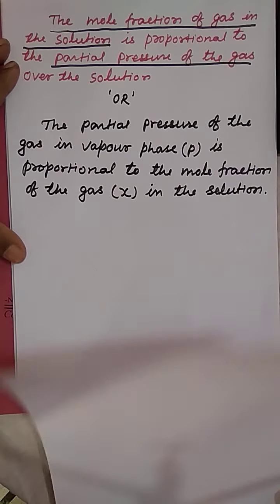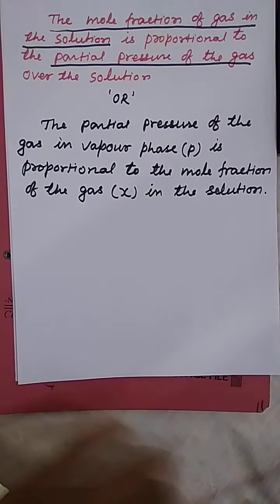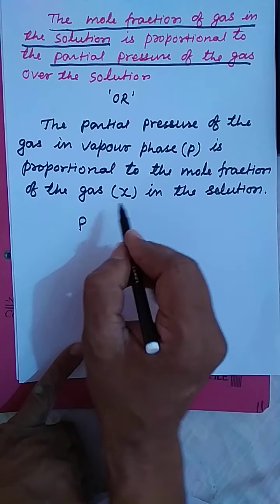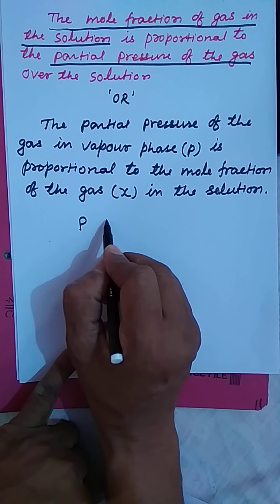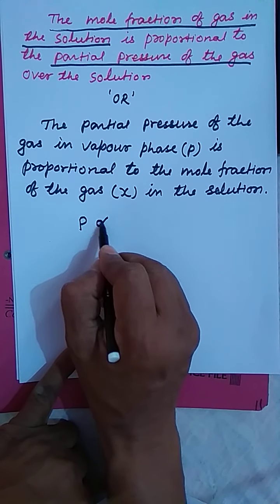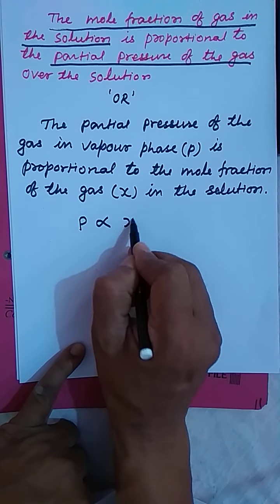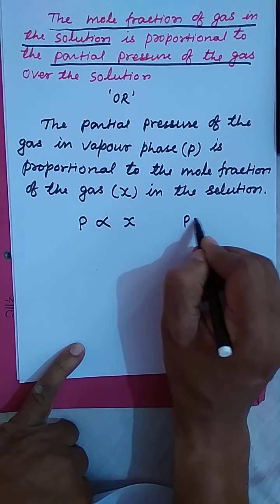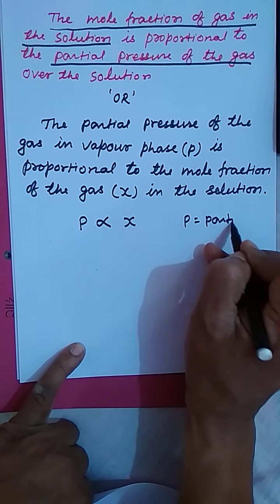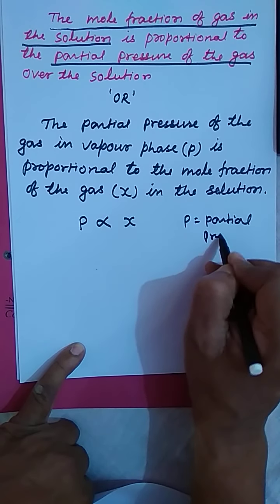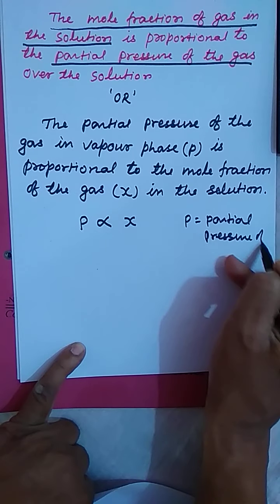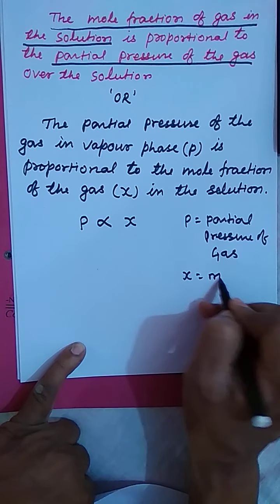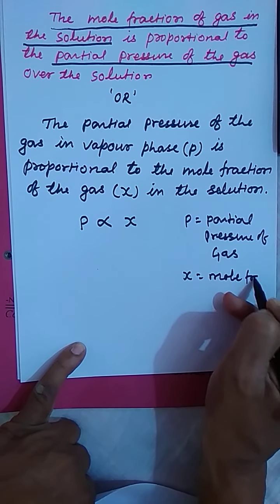So mathematically we can write: let partial pressure be P and mole fraction be X, then P is directly proportional to X, where P is the partial pressure of the gas and X is the mole fraction of the gas.